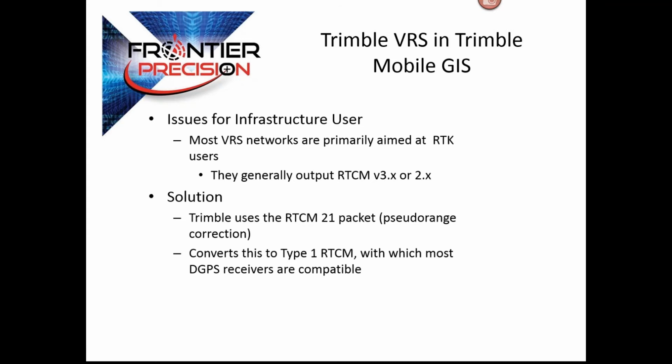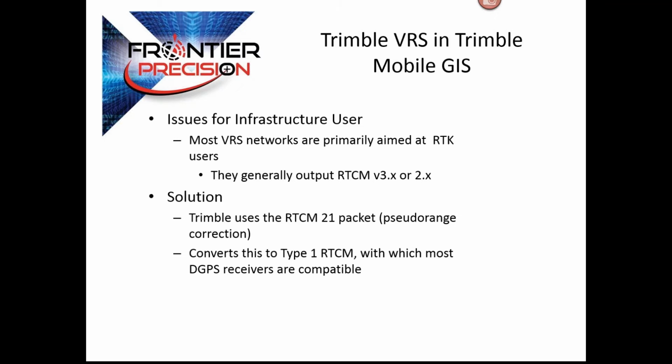So Trimble utilizes the RTCM 21 packet. RTCM is a group that publishes a standard for certain packets of messages, and these pseudorange corrections can be utilized to produce DGPS solutions for code-based receivers.